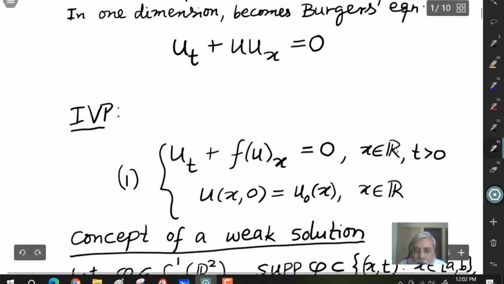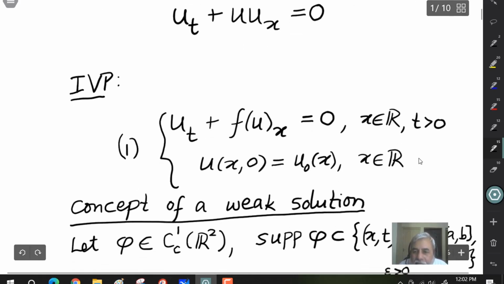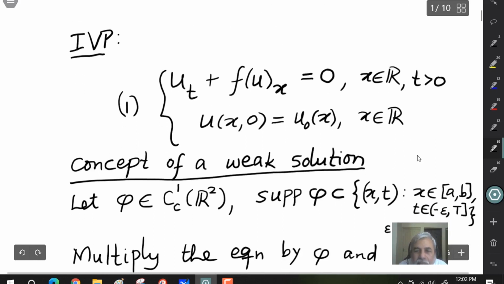As we have observed through the example of Burgers' equation, even with very nice smooth initial conditions, we have already seen that differentiable solutions will not exist for all time. Here t is the time variable. So there is need of considering non-differentiable functions as solutions of this equation.